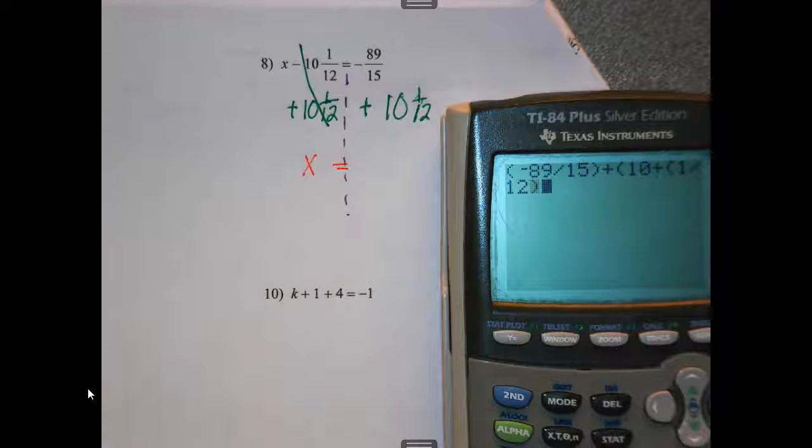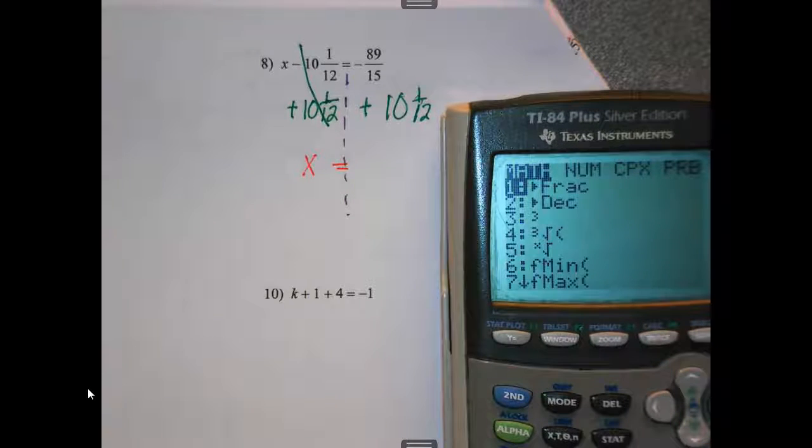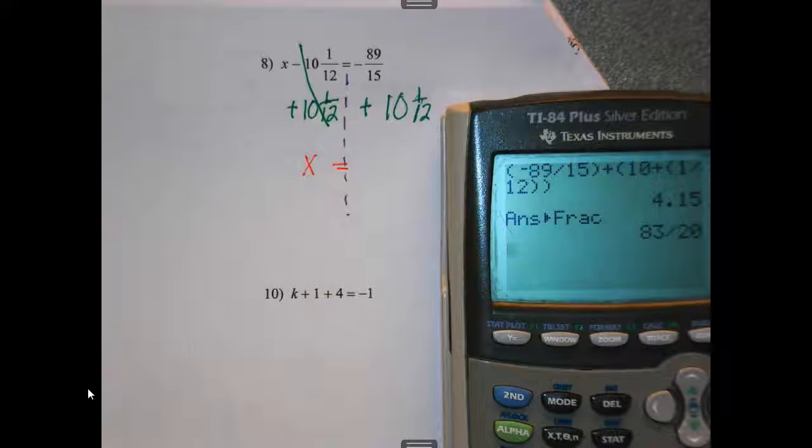Close the fraction parenthesis, and then you got to close this parenthesis. So hit your parenthesis again. Hit enter. There's your decimal. Change it back to a fraction. Hit math, enter, enter. 83/20.